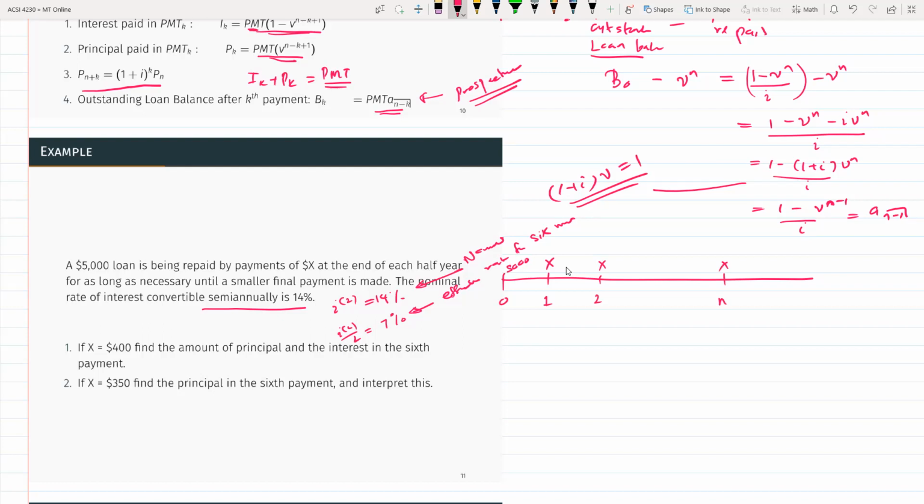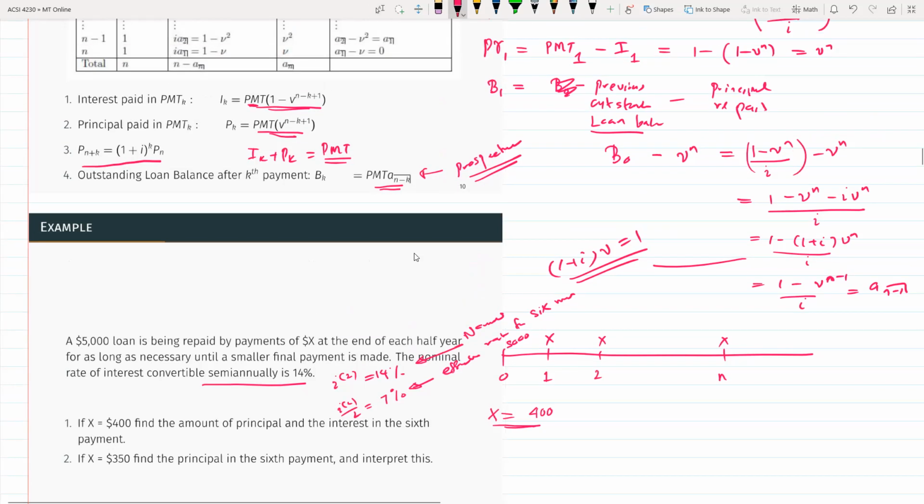So the first one is: if X is 400, find the amount of principal and interest in the 6th payment. So we can use one of these formulas to answer that.